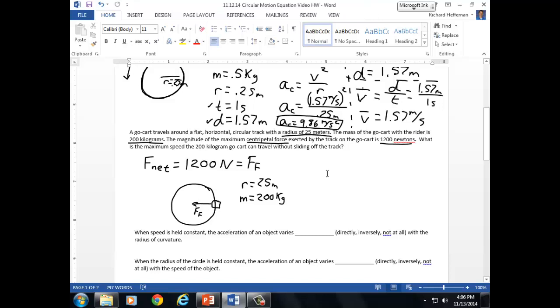We want to know how fast that object can go without sliding off of the track. Things are moving in a circle, so we know we're probably going to have to use our centripetal acceleration equation. Now, let's see where we're at so far. Can we just use our centripetal acceleration equation? We cannot. Alright, so we're a little bit stuck.